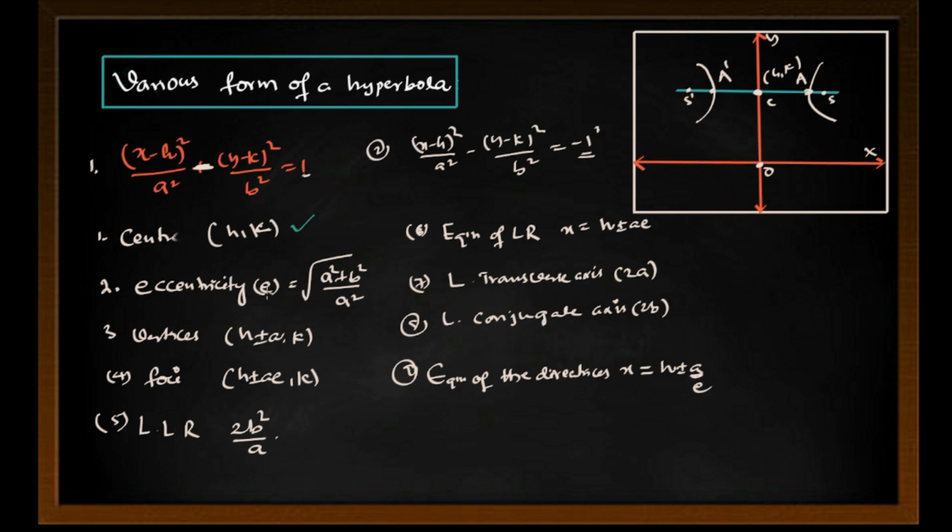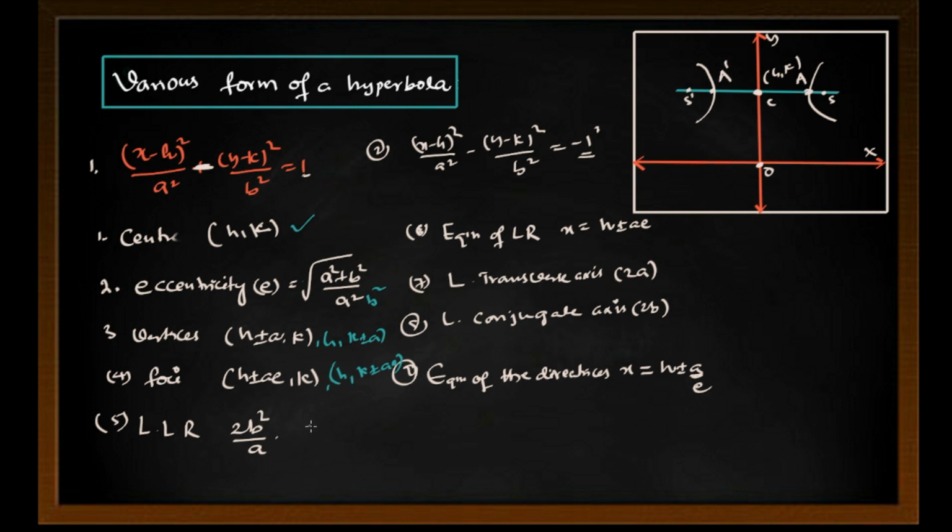But for eccentricity, instead of a square we have to write b square in the formula a square plus b square by b square. Vertices are h comma k plus or minus a, and foci are h comma k plus or minus ae.